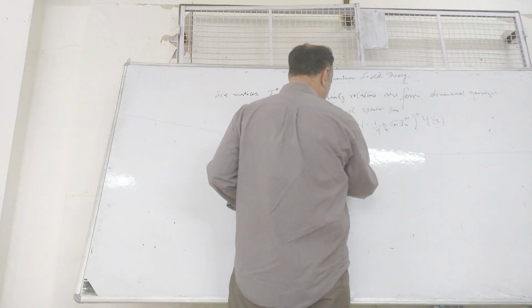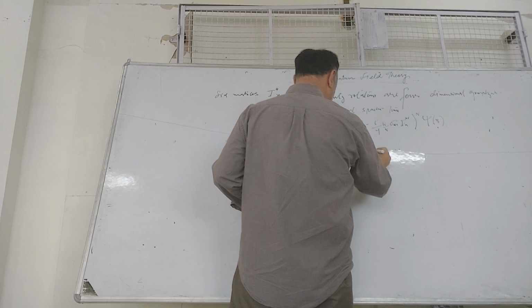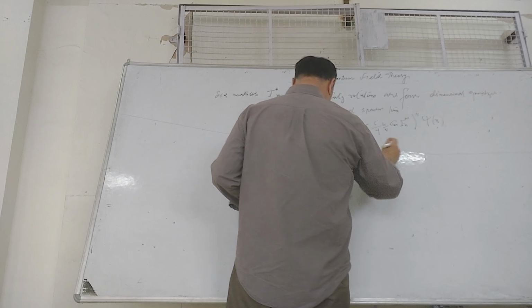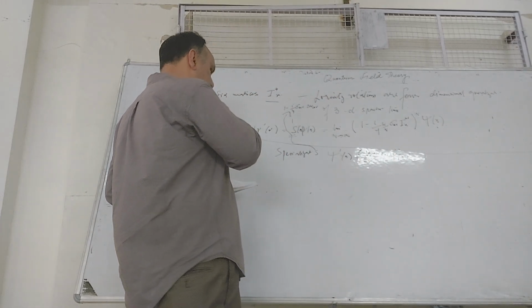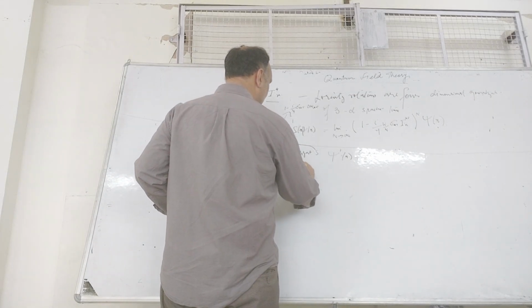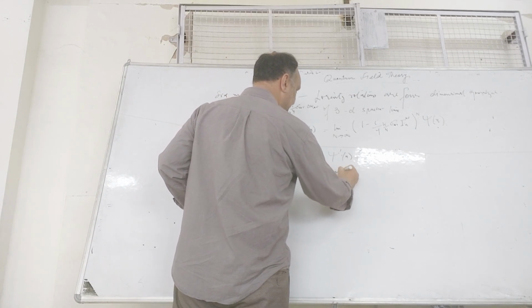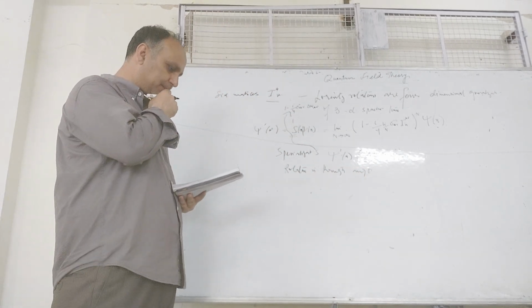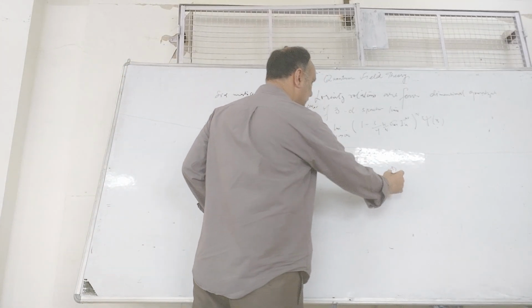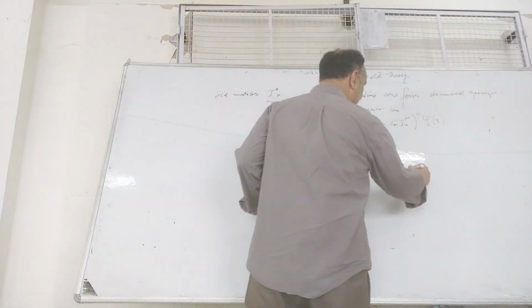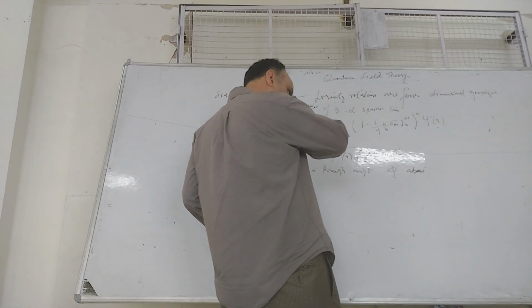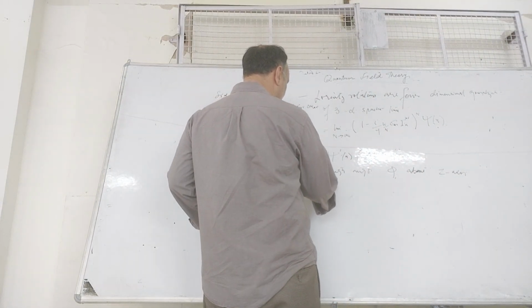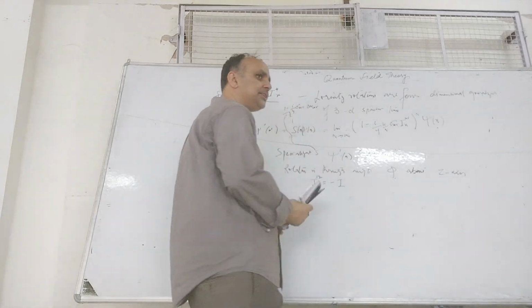So psi prime of x can be written as, now, if the rotation is through an angle phi about the z-axis, then you can see I1 is minus I2.